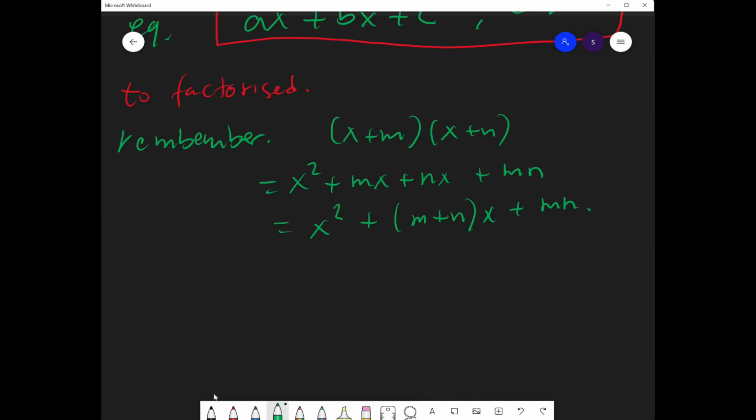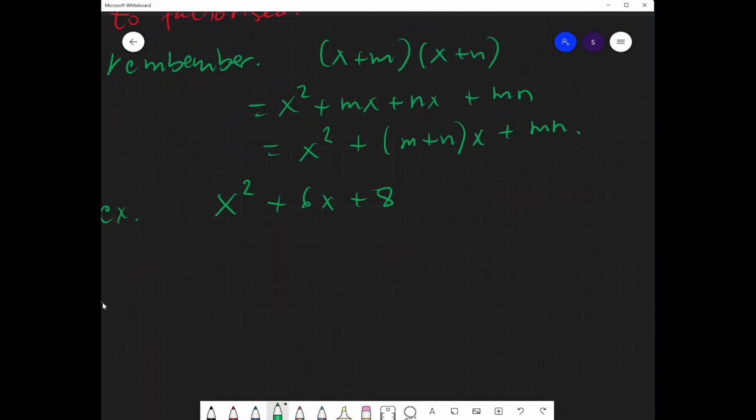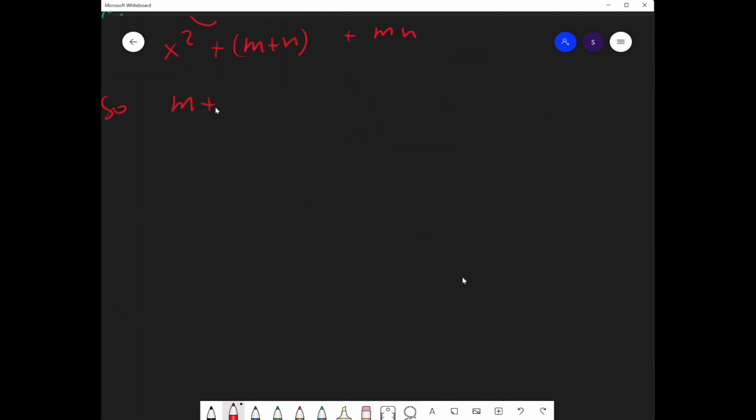So if we have an equation of x squared plus 6x plus 8, then to factorize it, we recall the equation before. We know that this is x squared, this is m plus n, and this is m times n. So m plus n equals 6, and m times n equals 8.